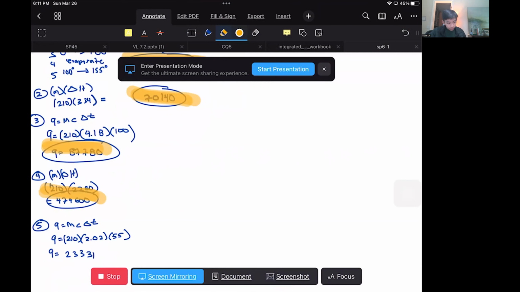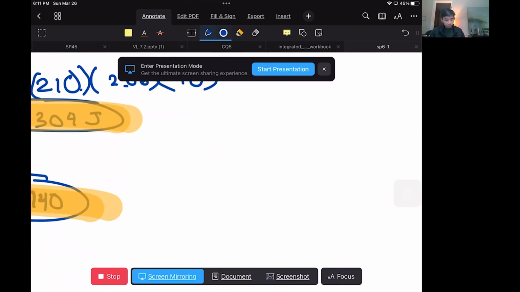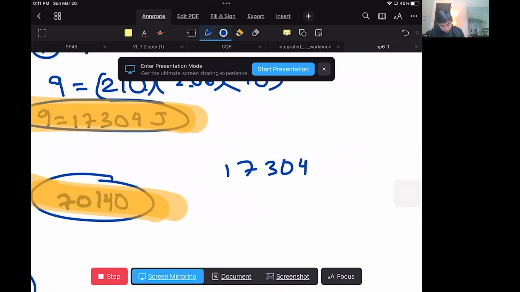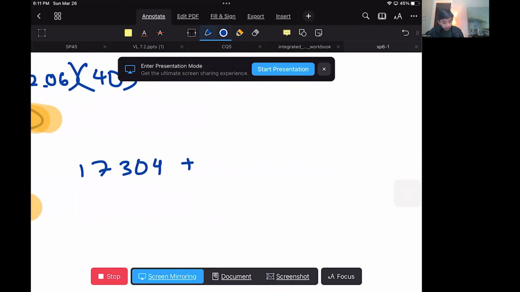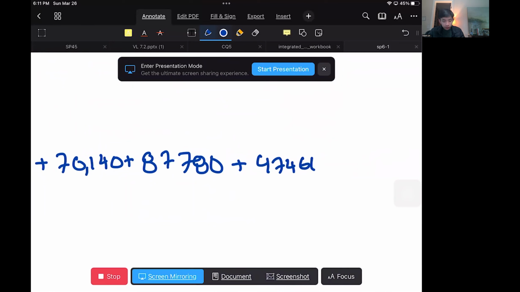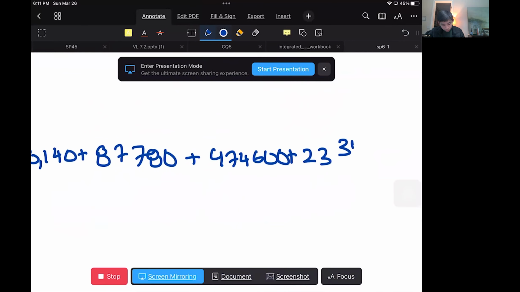Right, so now as I was saying, you can have 1, 2, 3, 4, and 5. And you need to find the total amount of energy required. So what you do is you just add them all up together. All right, so it's going to be 17,304 plus 70,140 plus 87,780 plus 474,600 plus 23,331.